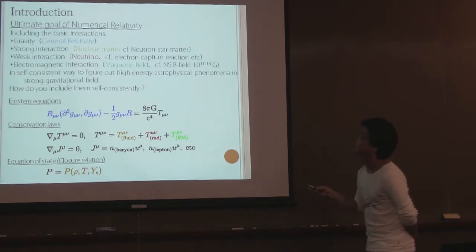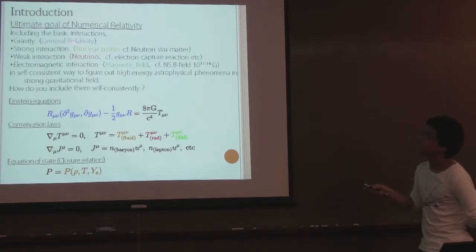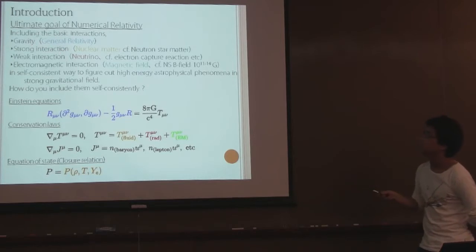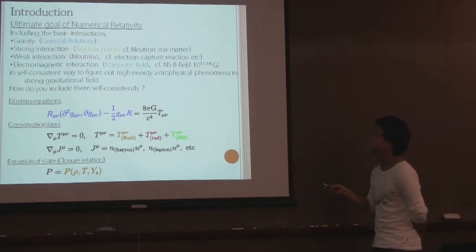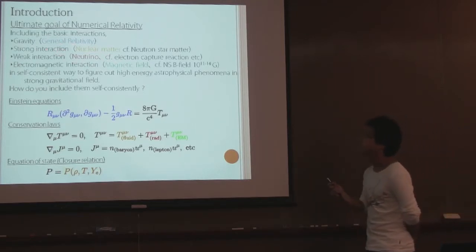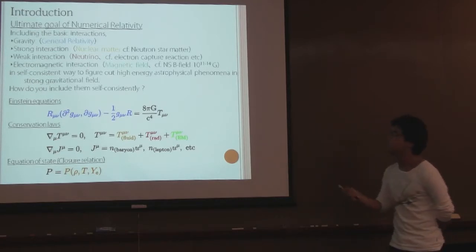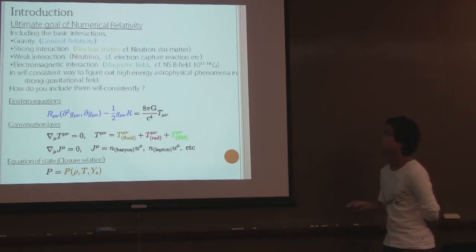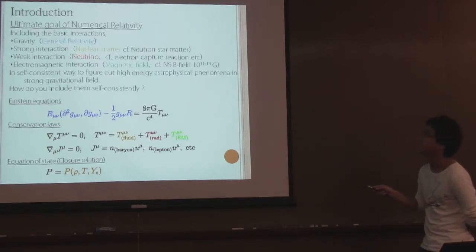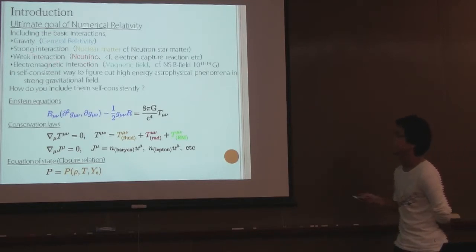In such phenomena, all the basic interactions must play an essential role, because general relativity is required to describe a strong gravitational field around the neutron stars and black holes, and the nuclear matter is described by the strong interactions, because the typical density is well beyond the nuclear saturation density. Because of the hot temperature and high density state, the weak interaction is indispensable for the neutrino emissions.